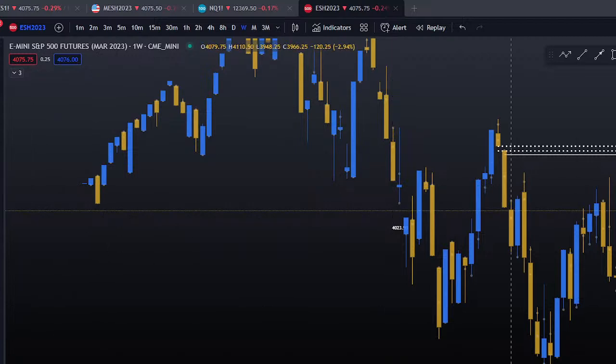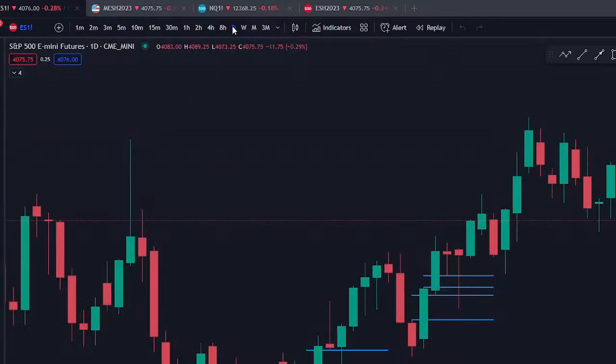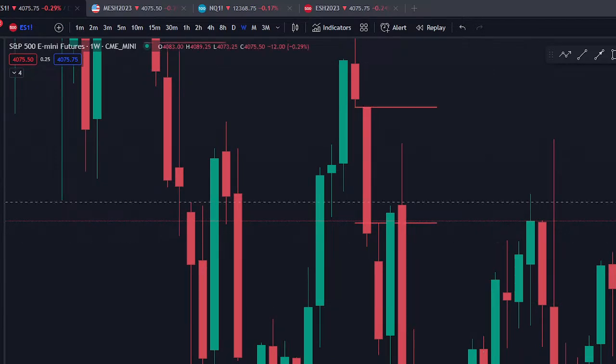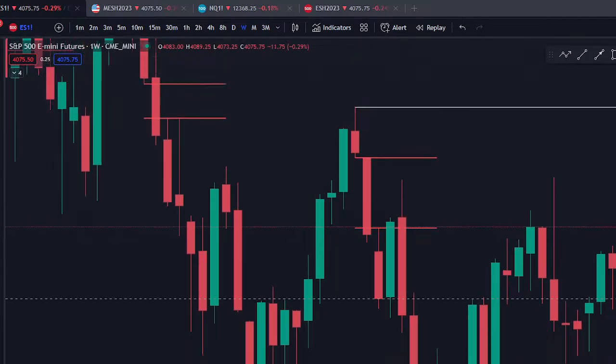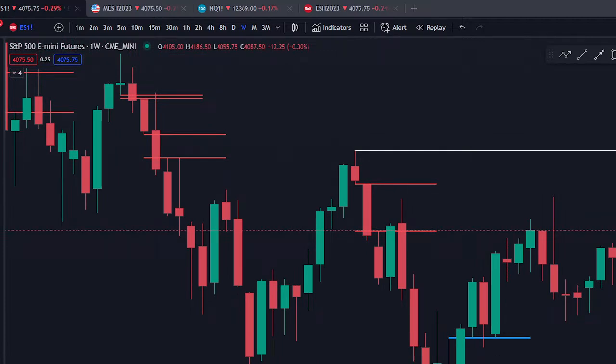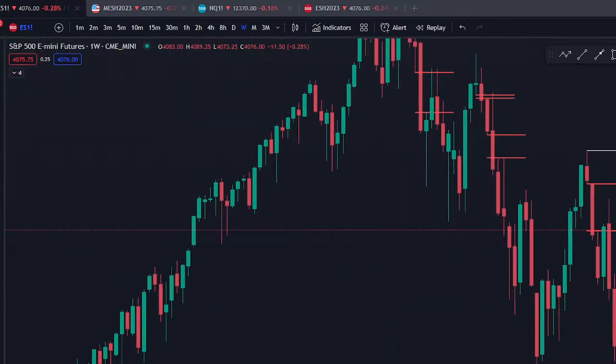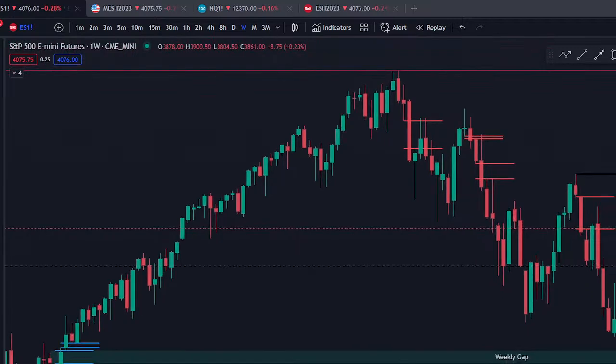But from what I remember, we hit an hourly, I mean not an hourly, but we either hit a weekly or a monthly gap. This is the continuous contract, so this will show me from the weekly, I get to see more. Alright, so let's go here.